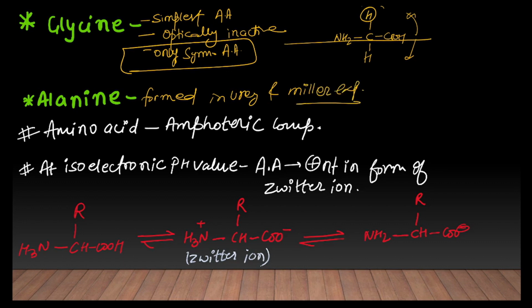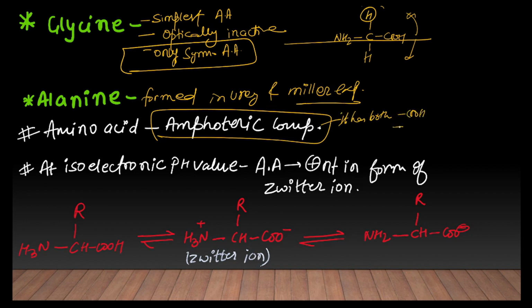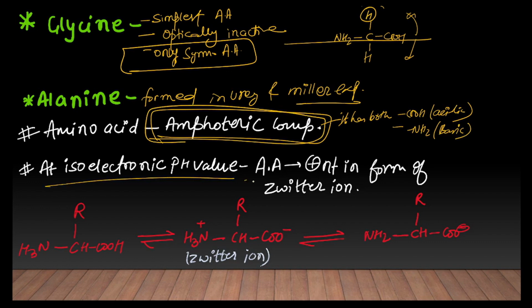Now, an amino acid is an amphoteric compound, because it has the COOH group, which shows acidic nature, and the NH2 group, which shows basic nature. So amino acid is known as an amphoteric compound. At the isoelectric pH value, the amino acid is present in the form of a zwitter ion.